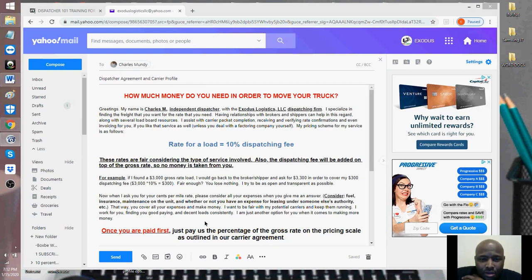Yeah, well, just the definition of a broker is somebody who arranges for the transportation of freight between a shipper and a carrier, and so if you fit in that definition, you almost fit into being a broker.